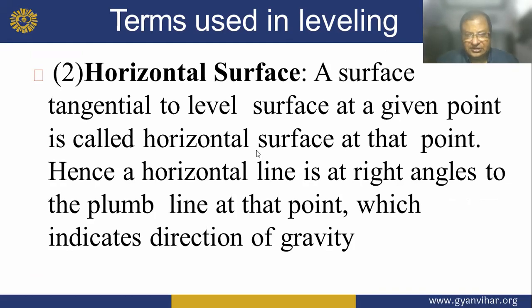Now, second is the horizontal surface. A surface tangential to the level surface at a given point is called a horizontal surface at that point. Hence, a horizontal line is at right angle to the plumb line at that point, which indicates the direction of gravity.